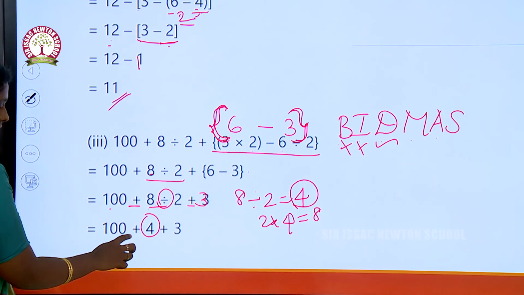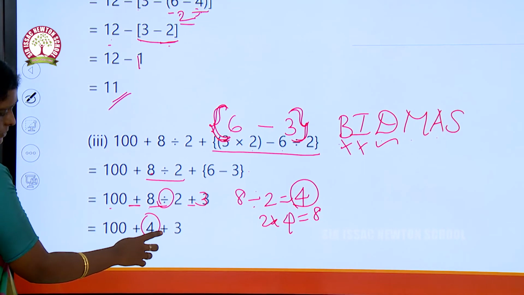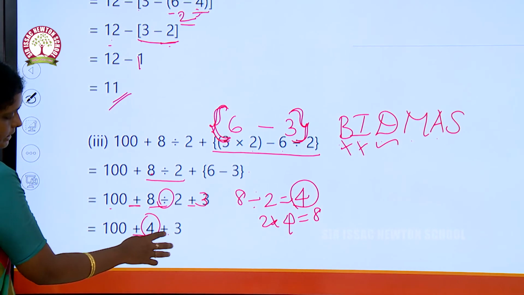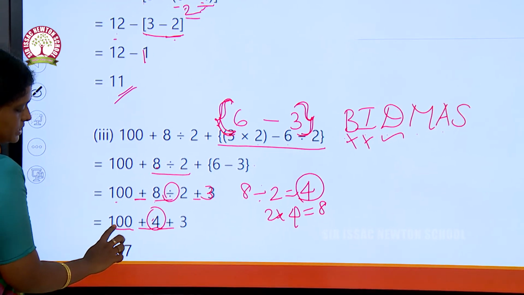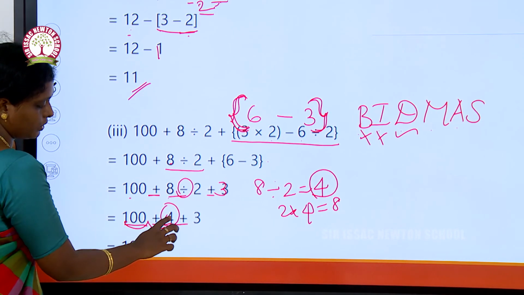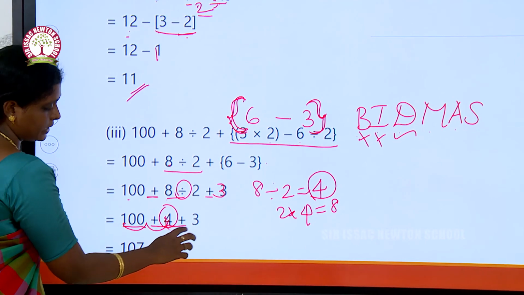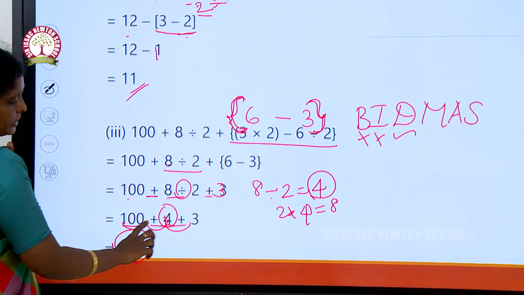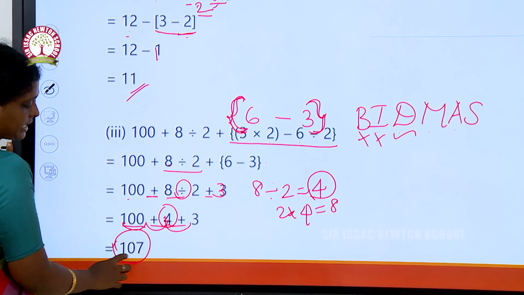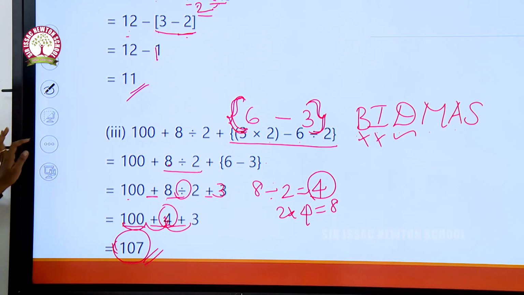And then we are having the same digit. So 100 plus 4 plus 3 which is 104. 104 plus 3 will become 107. So all the operations are same here. So you will get 107 as an answer.